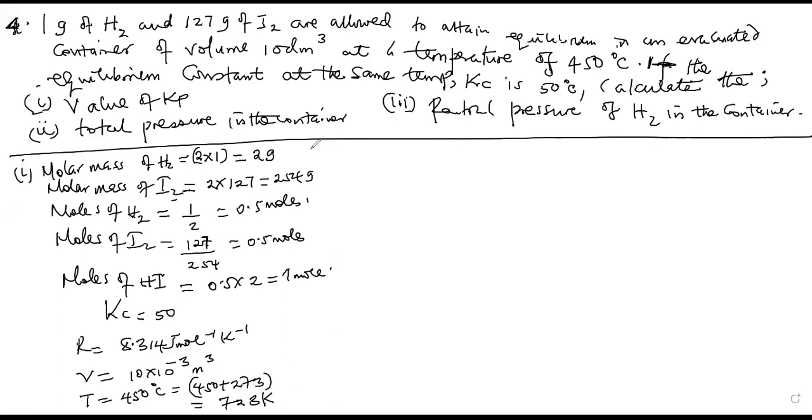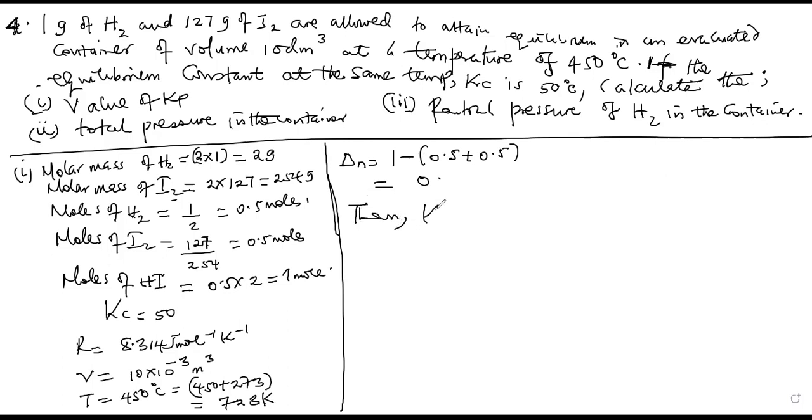Then in that same formula of the relationship, we have delta N, whereby delta N refers to the number of moles of the product minus the total moles of the reactants. So it will be 1 minus 0.5 plus 0.5. So it is 1 minus 1, which is 0.